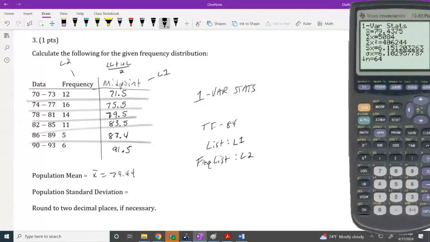For the population standard deviation, there's 2. This S sub X is the sample standard deviation. This sigma sub X is the population standard deviation. So just keep that in mind on what they're asking you. So here we want the population standard deviation, and that should be 6.1, right?